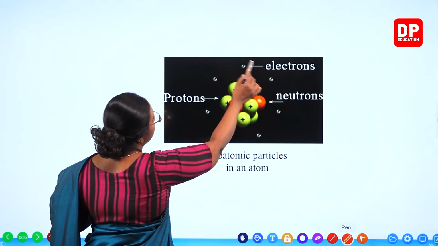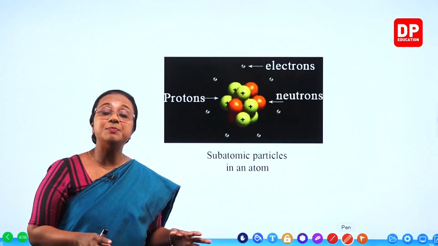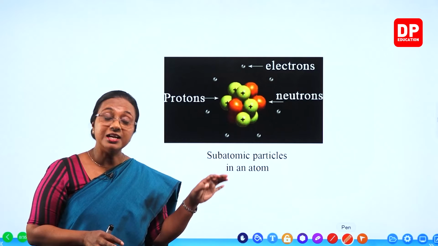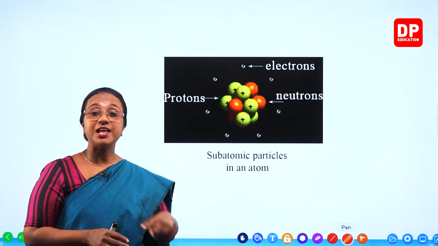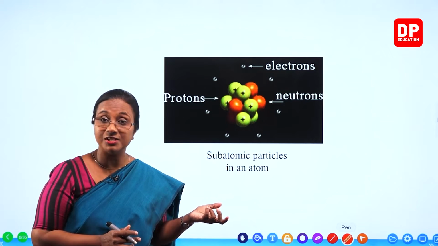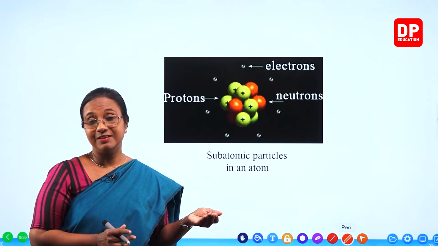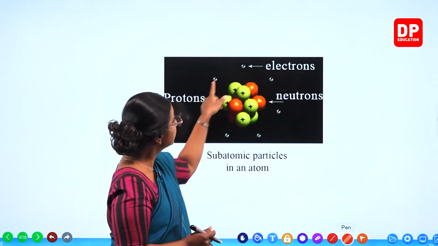And then you have the electrons. Around the nucleus it is a wide space, but for our convenience, the path in which electrons move are considered as the shells or energy levels. So electrons move in shells or energy levels. So that is the structure.